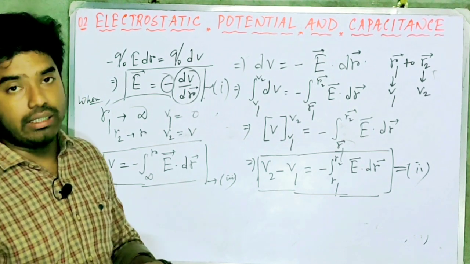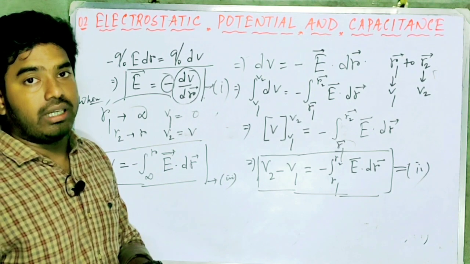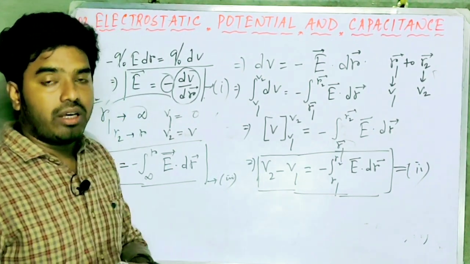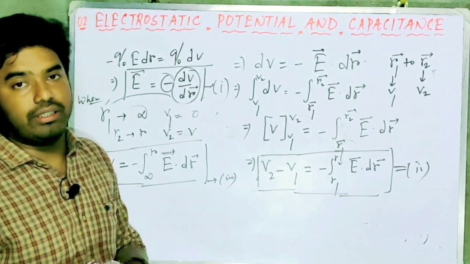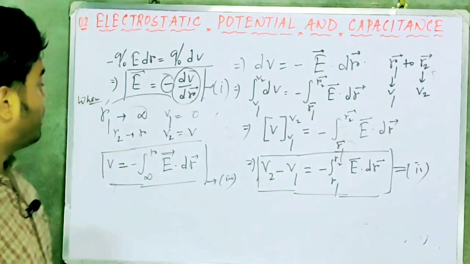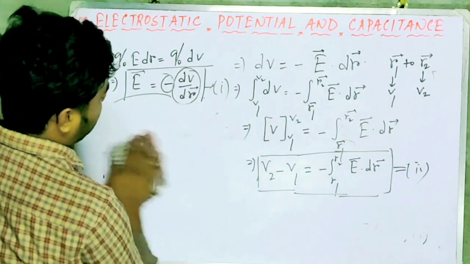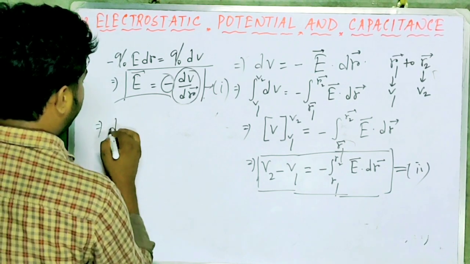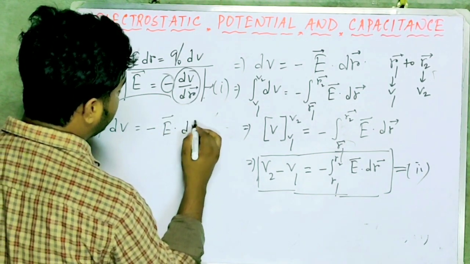Now, one question is given here. Suppose you have to calculate the 3 components of the electric field, that is, the electric field along the x-axis, Ex, along the y-axis, Ey, and similarly Ez. Then what will be the value? From here, write dV is equal to minus E vector dot dr vector.